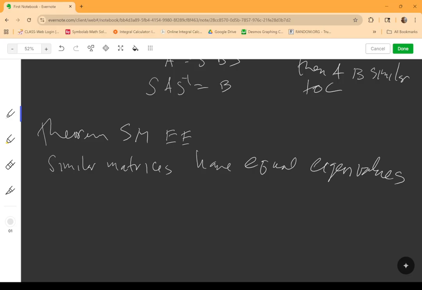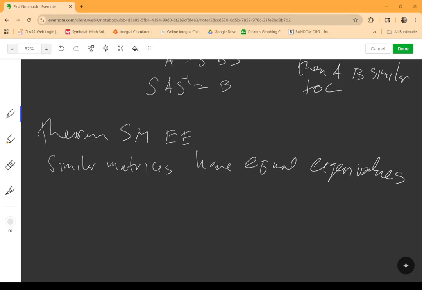If A and B are similar, then their characteristic polynomials are the same. In particular, they have the same eigenvalues with the same algebraic multiplicities. That's where it's helpful to have that property as a consequence of similarity, because now I can work with the much easier diagonal matrix.